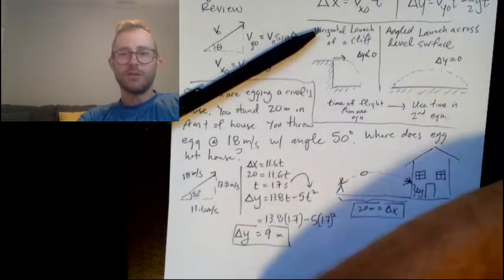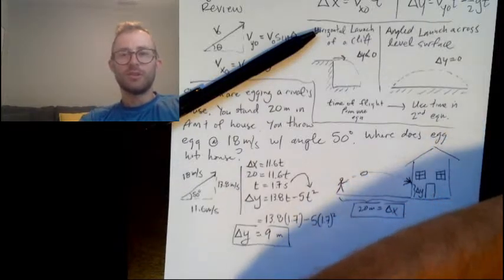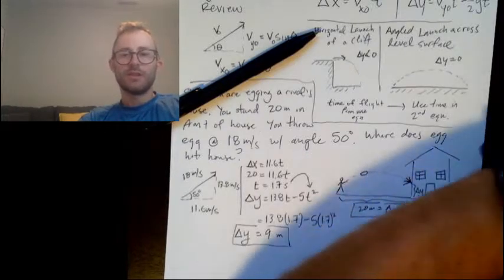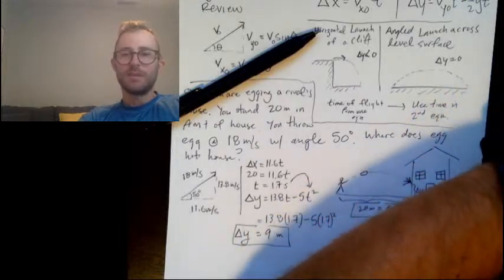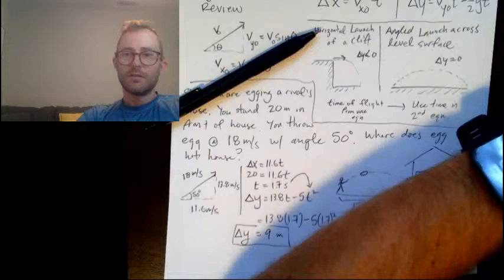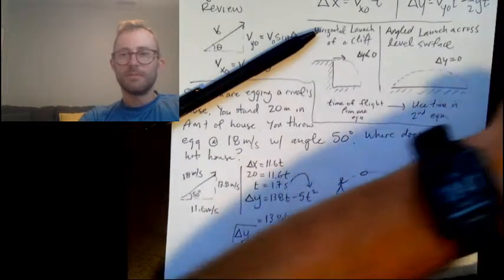What if the house is 7 meters tall, in this case? And my second question is, what if we had calculated that delta y is less than 0?